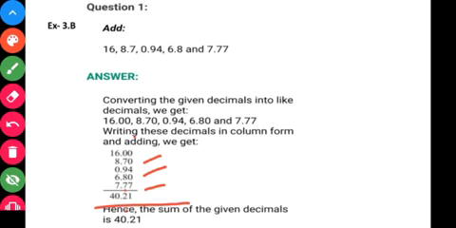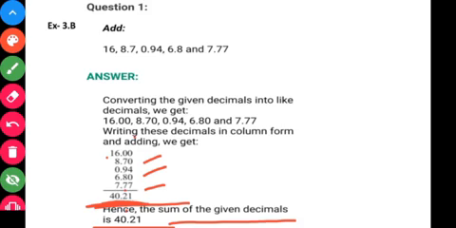Now carry 3. 6, 3, 9, 8, 17, 6, 23 and 7, 30, 0, carry 3, and 3, 1, 4. So this will be 40.21.